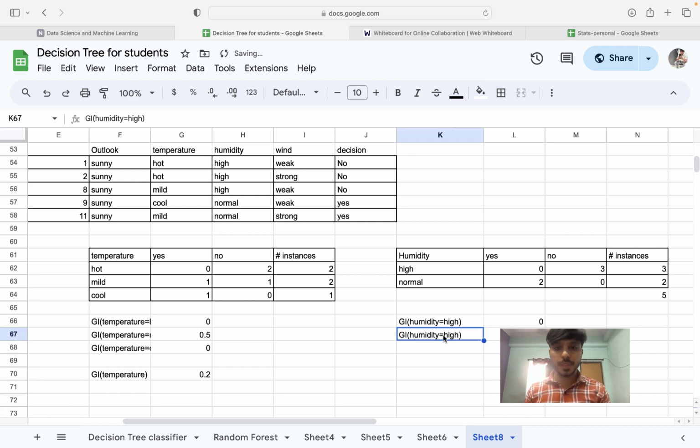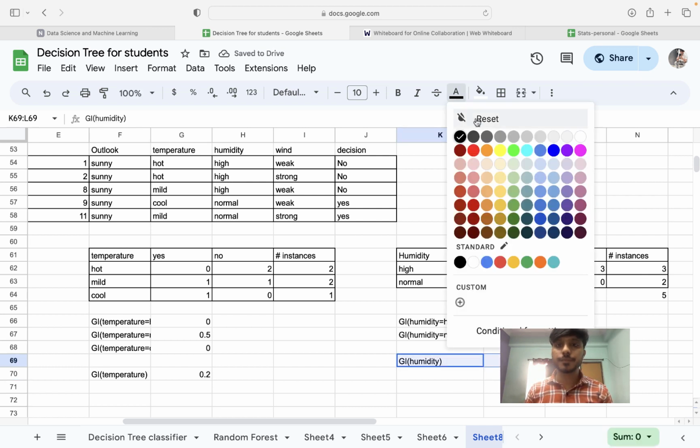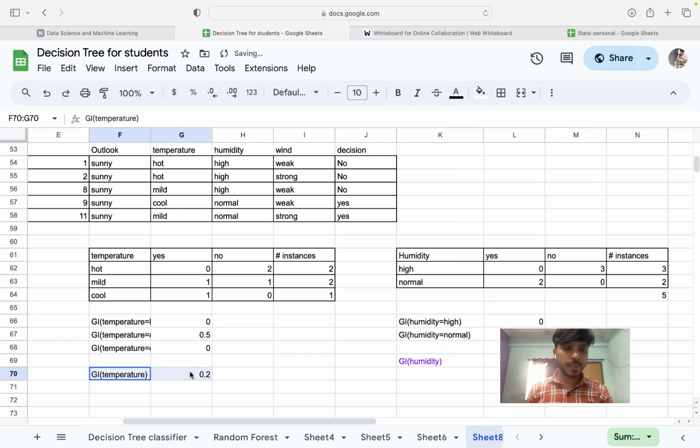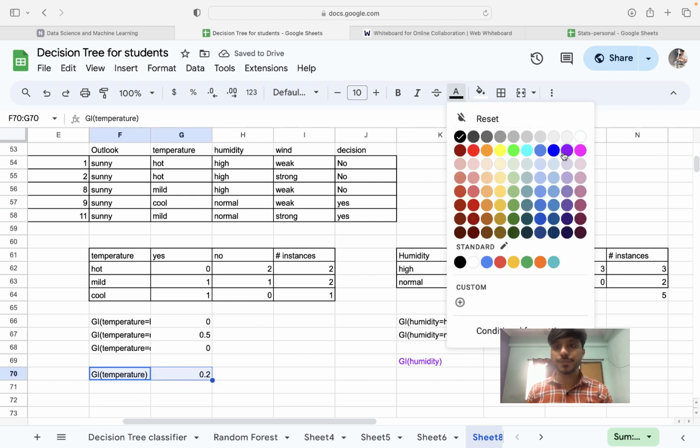For normal, 1 minus 2 by 2 whole square, and this will be 0. So the overall Gini impurity of humidity will be 0, because I have zeros in both places. Even the weighted average gives 0 only. Here the Gini impurity of temperature is 0.2.